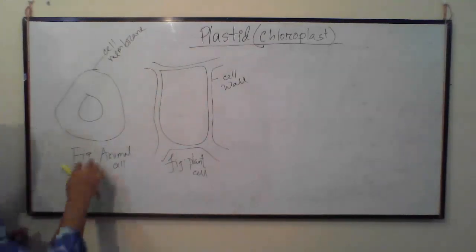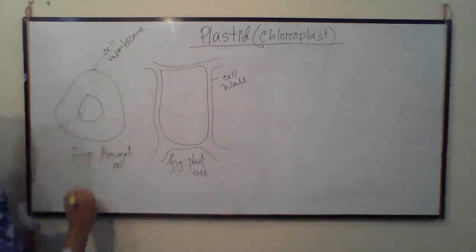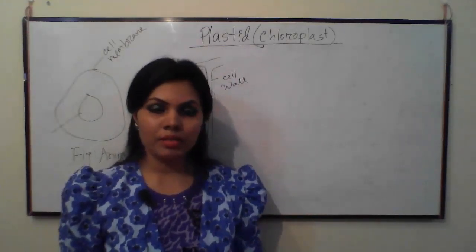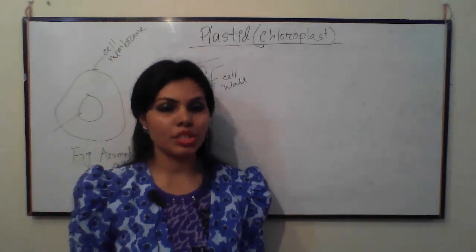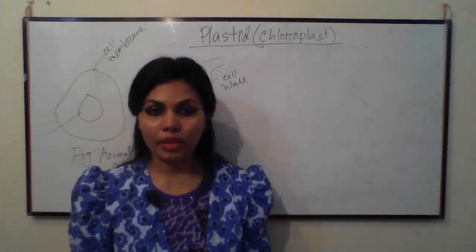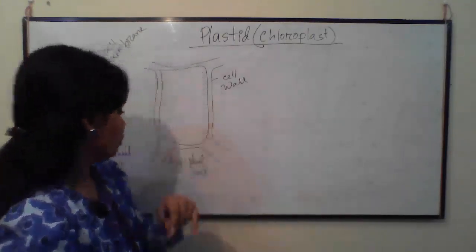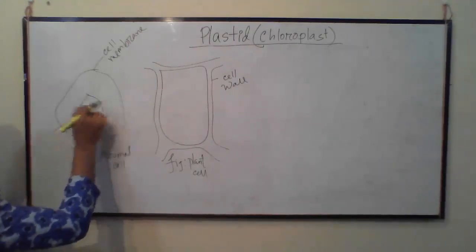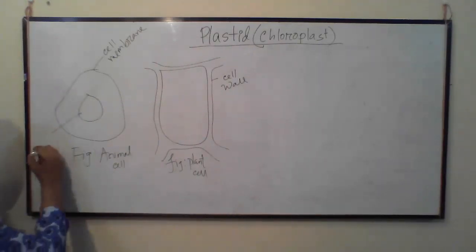In animal cell, you know that in a cell there is a nucleus, with some exceptions, like in red blood cell there is no nucleus. In animal cell the nucleus is in the middle of the cell, at the center of the cell.